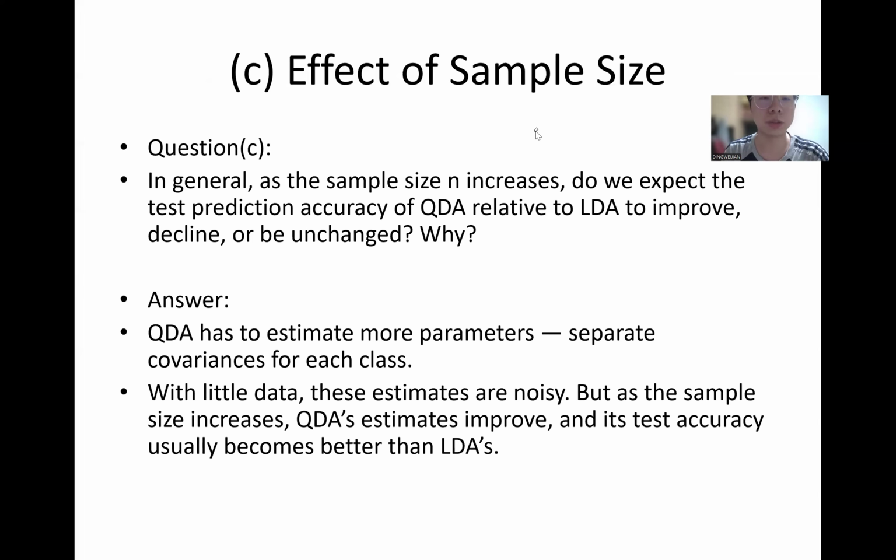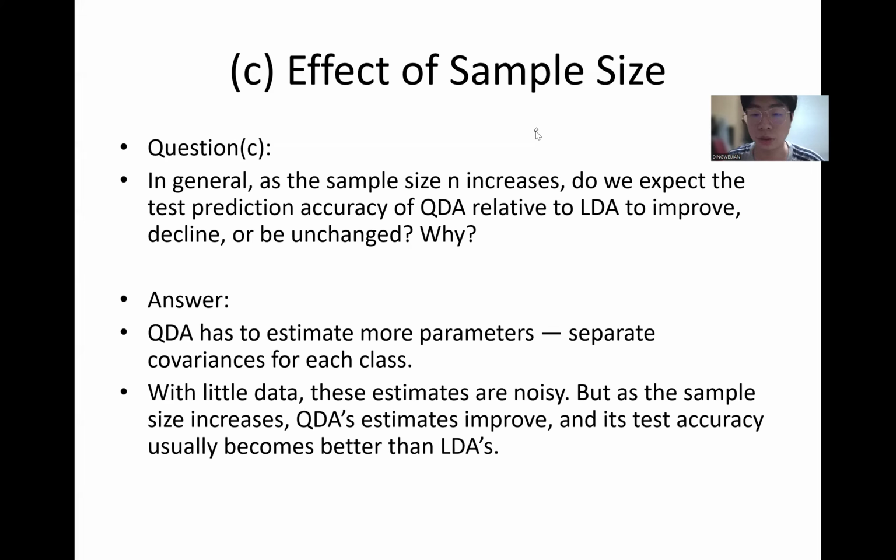For question C, in general, as the sample size n increases, do we expect the test prediction accuracy of QDA relative to LDA to improve, decline, or be unchanged, and why? For this question, we will say QDA estimates one covariance matrix per class, so it needs a lot of samples to estimate all parameters accurately.